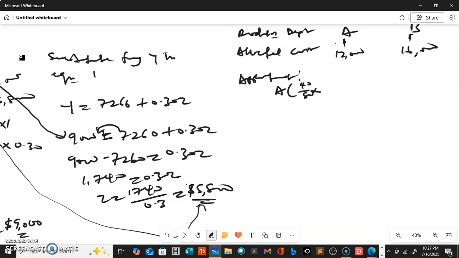So let us see if we can finish up before the time. B is 40 over 80 times 9,000. So let's see the figure. 40 divided by 80 times 9,000.